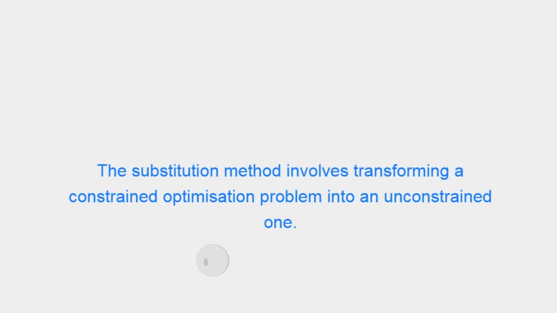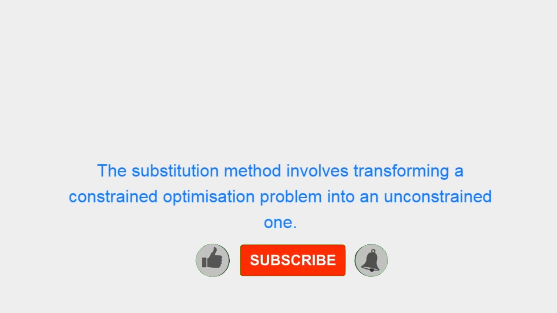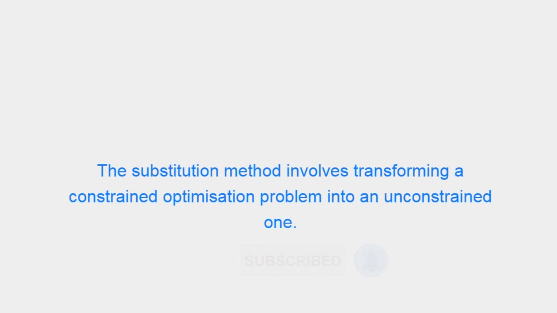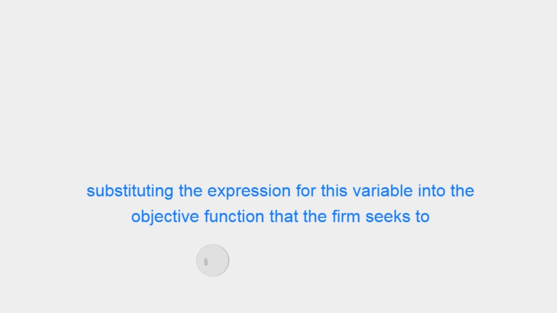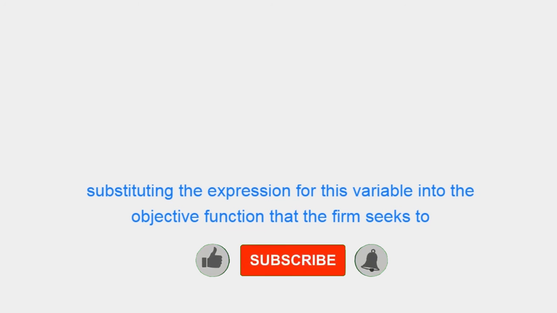The substitution method involves transforming a constrained optimization problem into an unconstrained one. This is done by first solving the constrained equation for one of the decision variables and then substituting the expression for this variable into the objective function that the firm seeks to maximize or minimize.